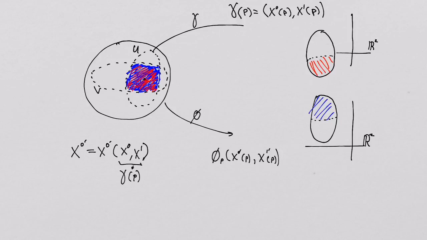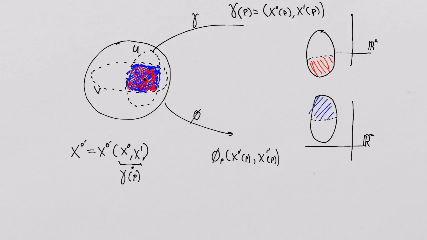We bring it back to the manifold, which is using gamma inverse. And then we're not going to push it here, because if we pushed it here using phi, we would end up with an ordered pair, right? Remember, phi is going to give us an ordered pair in the new system. But we don't want an ordered pair. We just want a single real number. So instead of using phi, we just use the coordinate function associated with phi, in this case x0 prime of p.